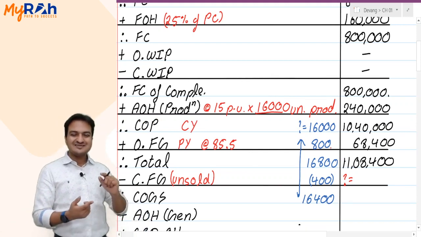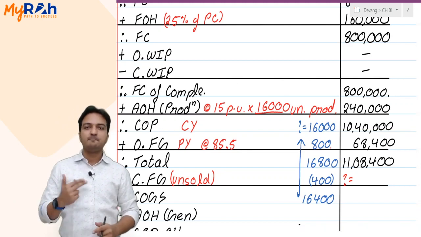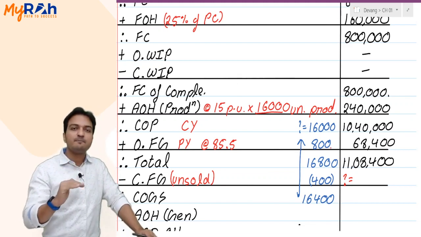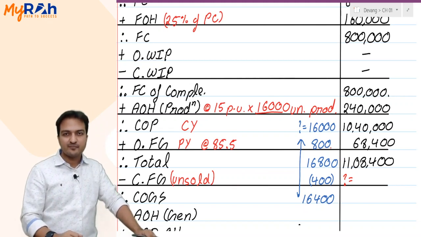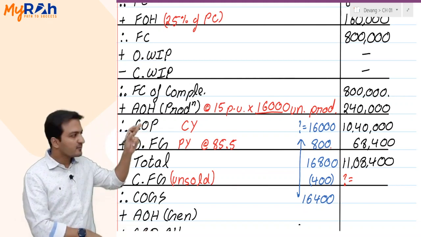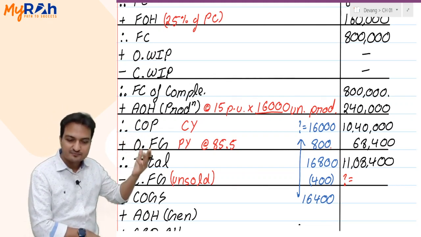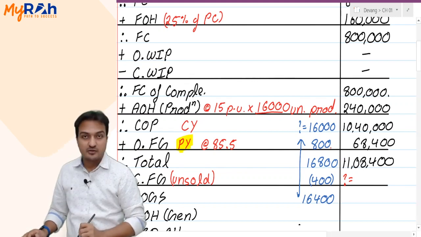Now 16,000 is my production of the current year, 800 was produced in the previous year, and the FIFO method says that the ones which were produced first are sold out first. Out of 16,800, which was produced first? Naturally, first what was produced was this previous year units.